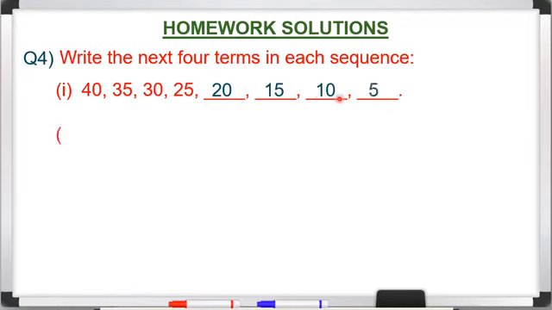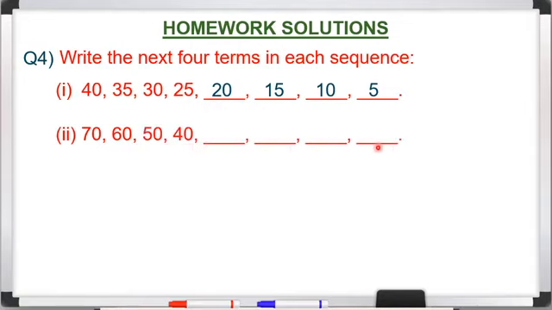Clear? Now in part 2, 70, 60, 50, 40, dash, dash, dash, dash. Here beta in part 2, this number series is given and this number series is also given in descending order. First of all we will find out the difference between the first two given numbers.